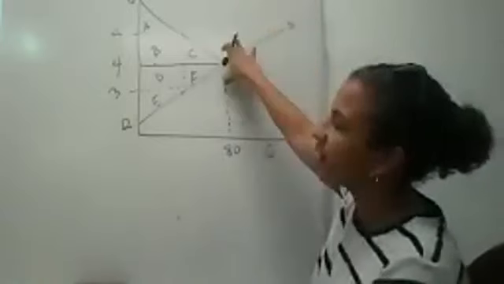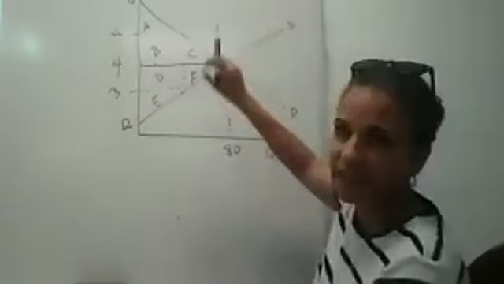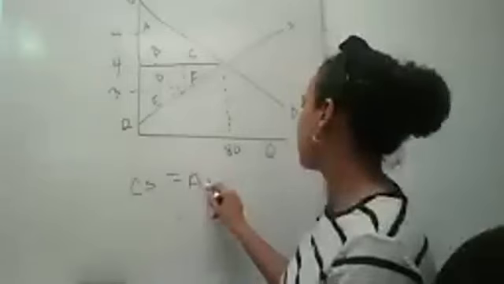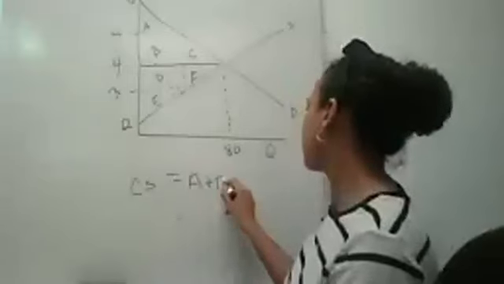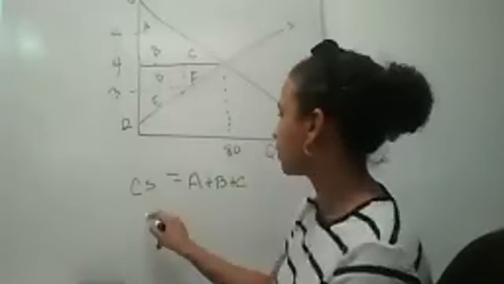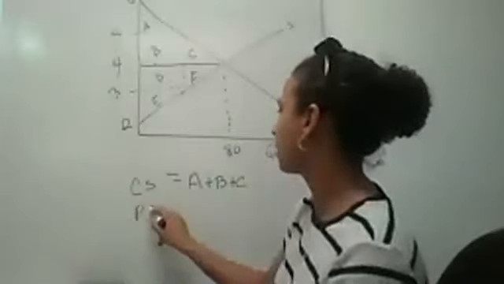It's not binding, so it won't ask you deadweight loss, but if it asks you what consumer surplus is, this triangle here, without doing numbers, I'm just going to say that would be A plus B plus C. Producer surplus, on the other hand, is going to be the area above the supply curve to the price.